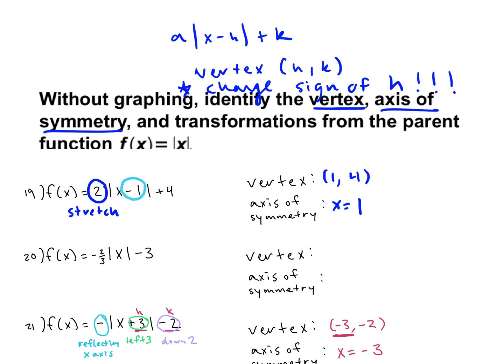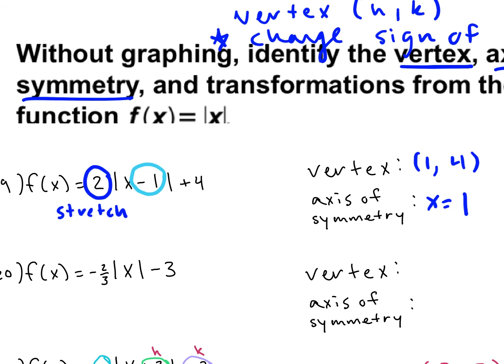What about minus 1 on the inside? Right 1. And plus 4? Up 4. All right, so that is number 19.